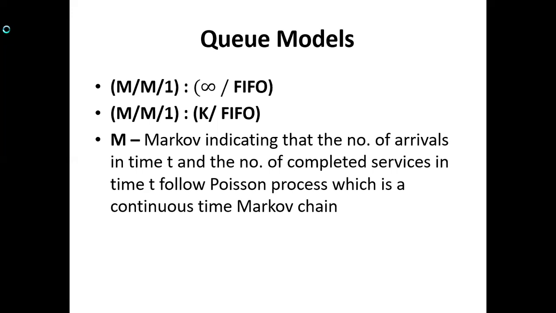The next M represents the service time. 1 stands for the number of servers. Infinity represents the capacity of the system, so it can hold an infinite number of people, or K in such case is going to be the finite capacity of the system. And FIFO is the queue discipline, the discipline in which your service is going to be provided.